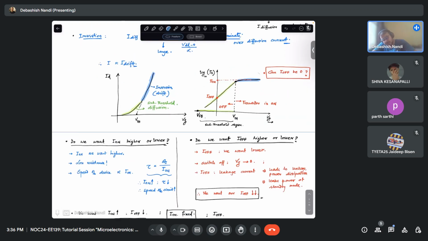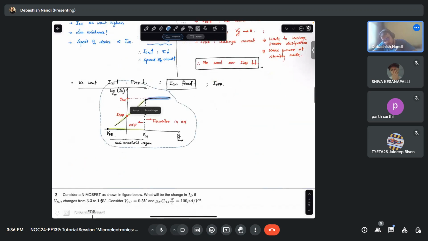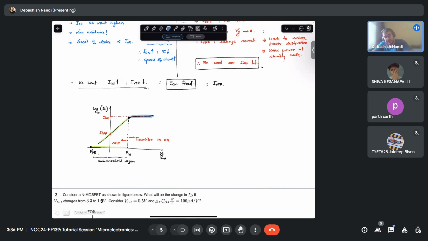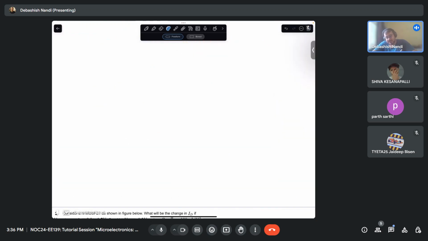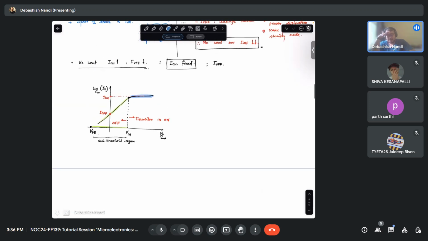So from this diagram, let me just copy it. Can you tell me how that is possible? What do I need to change to get the same amount of Ion? I want this Ion, but I want a lower Ioff. Let's say I want this Ioff. So basically the curve which will follow is something like this.